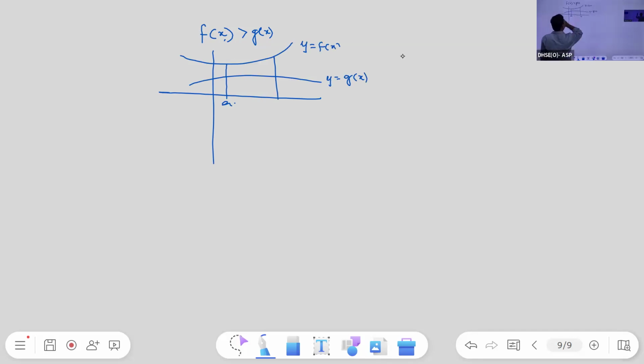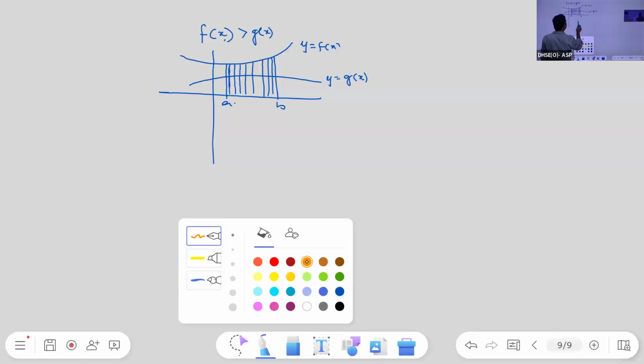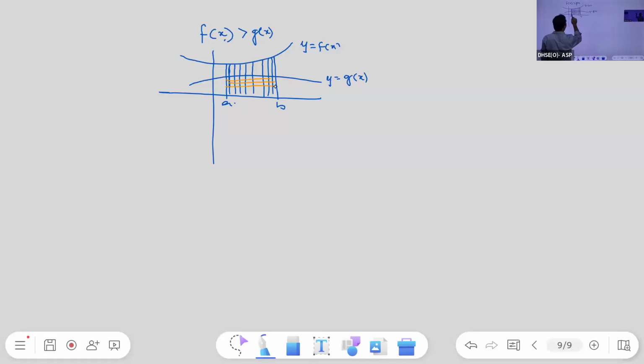So integral a to b f of x dx is this area, and integral a to b g of x dx is the yellow area. So the area of f is greater than that of g. Clear?